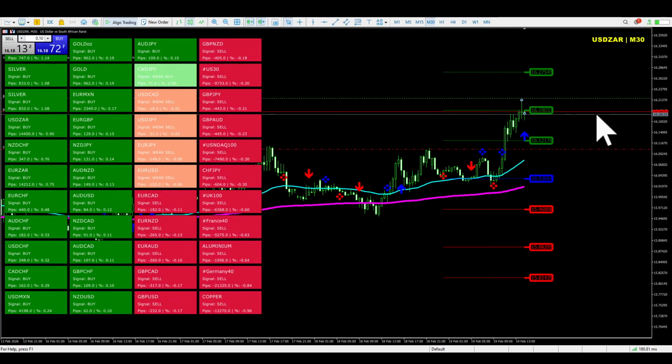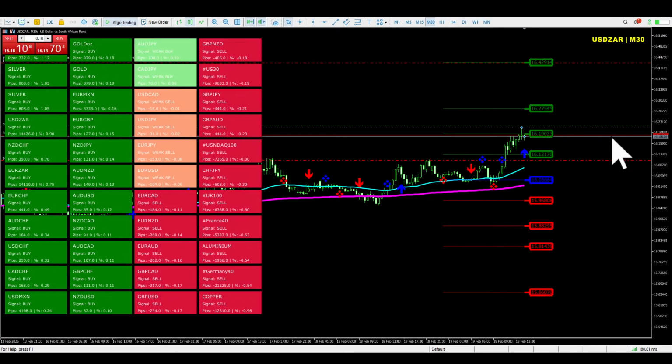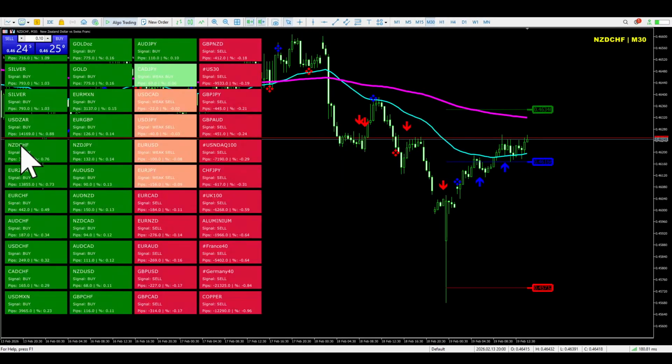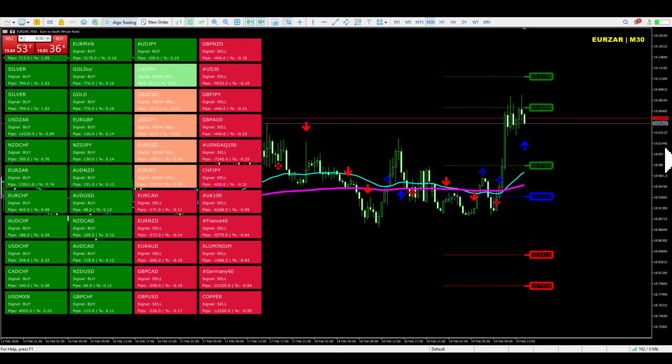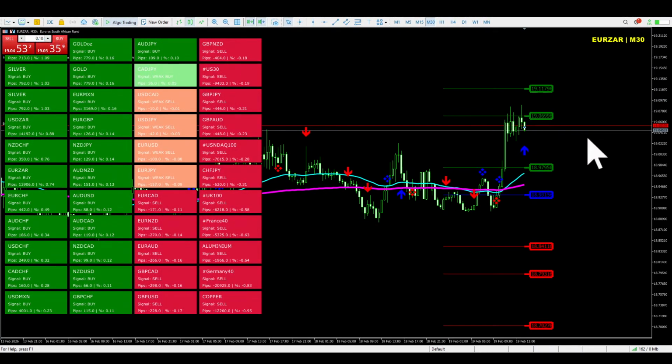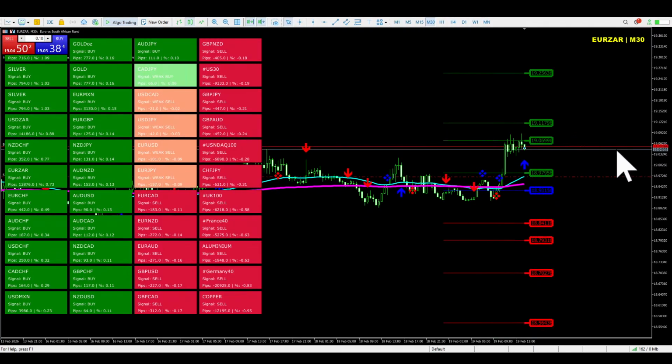Let me see which other one. If you look at NZDCHF, Euros, let's also open a trade here. But be careful with the lot size, guys, when you're using these exotic pairs. The stop loss is going to be.